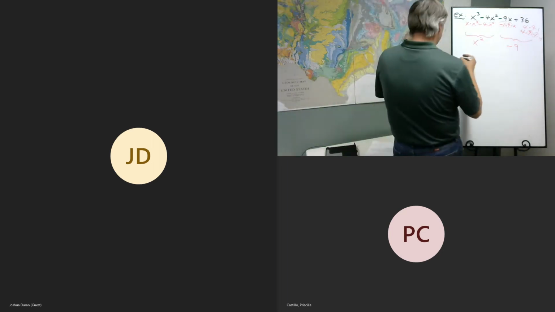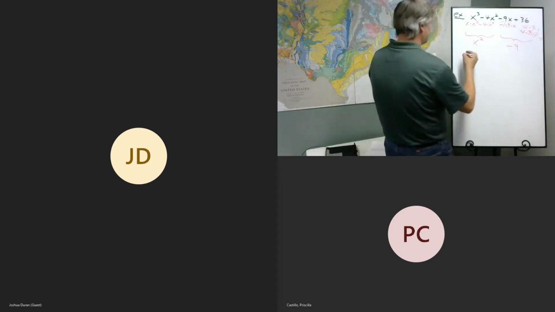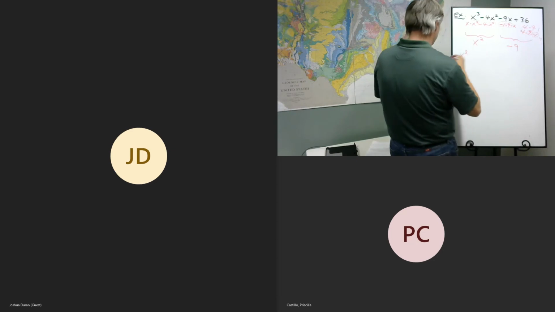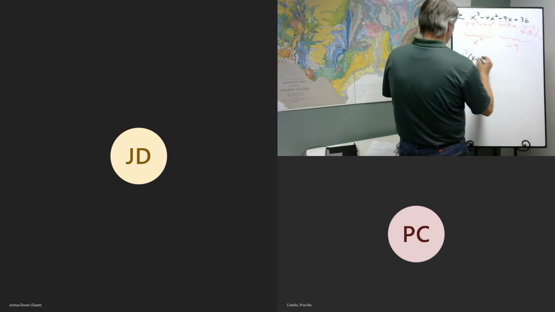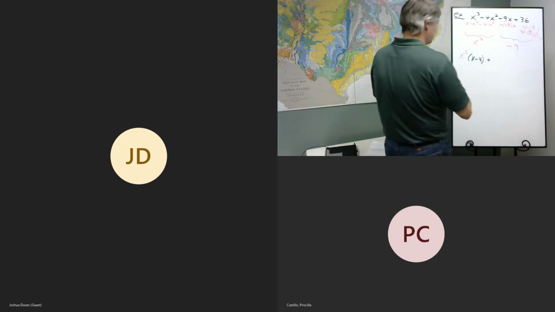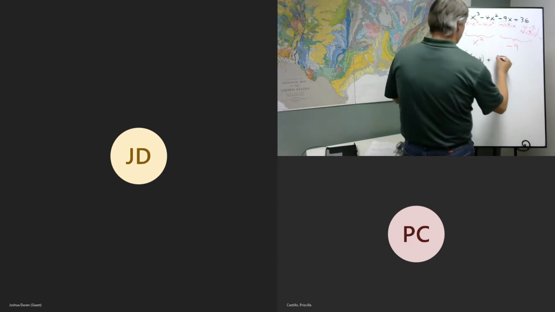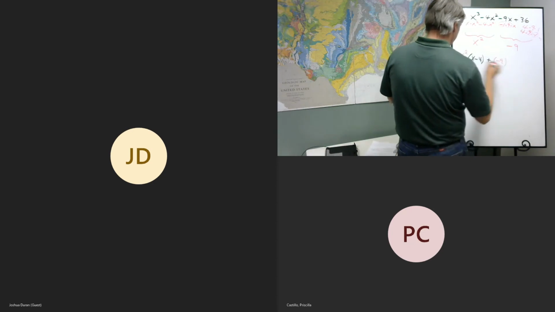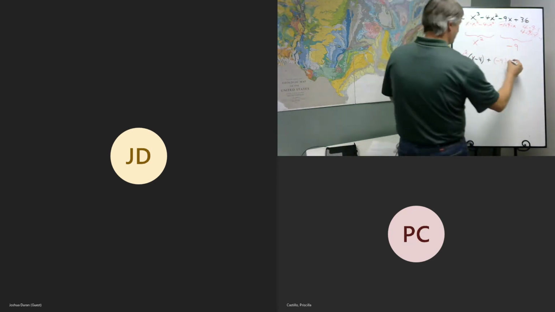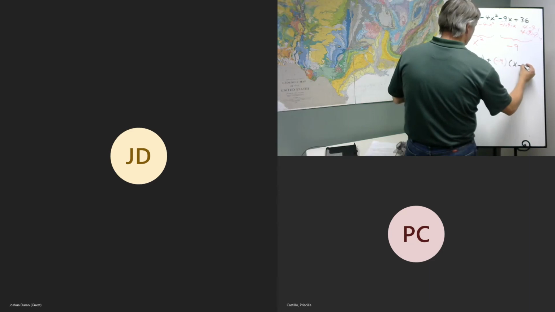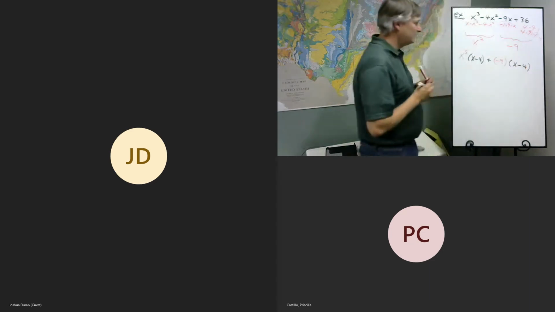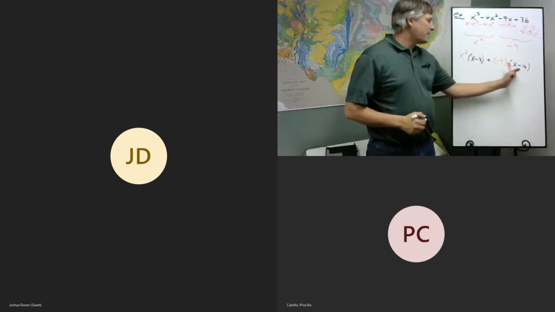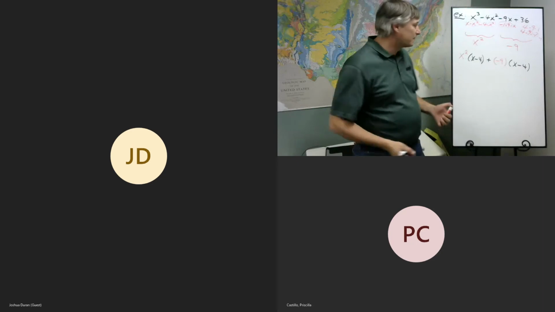We factor out the x squared. And now we have x minus 4 in both groups.